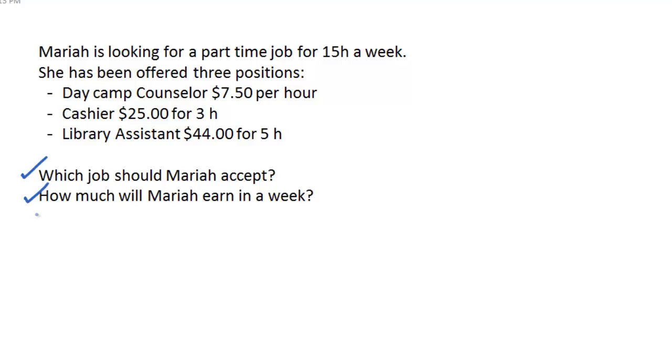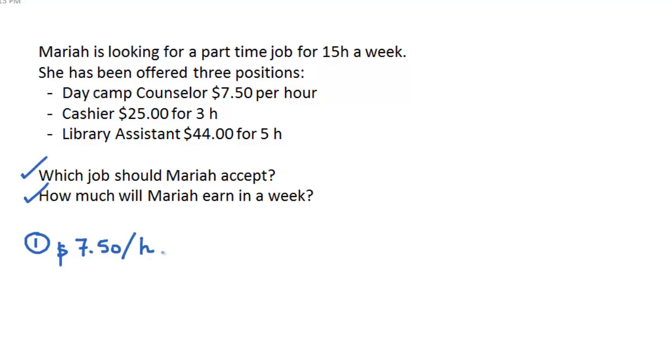So, before we start again, we need to know the unit rate. The unit rate, that means the rate per 1 hour. In the day camp counselor, the first case, it's easy. They give you already $7.50 per hour.